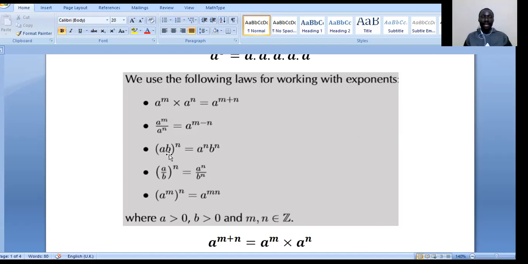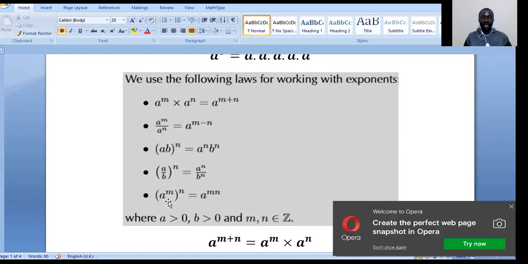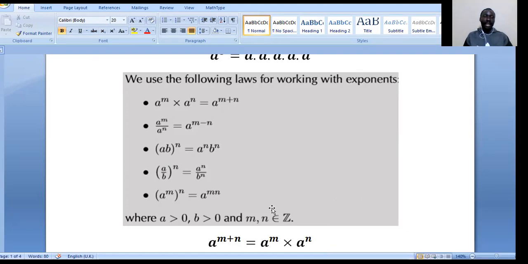This one only works when the items inside the bracket are multiplying each other, like you can see here, A times B. It does not work that way if you have A plus B or A minus B. Also, when you are dividing with an exponent outside, you can bring the exponent inside as exponents of the individual quantities being divided. And lastly, if you have an exponent outside a single item inside the bracket, with the item inside the bracket having an exponent of its own, then you can simplify that by multiplying the two exponents.